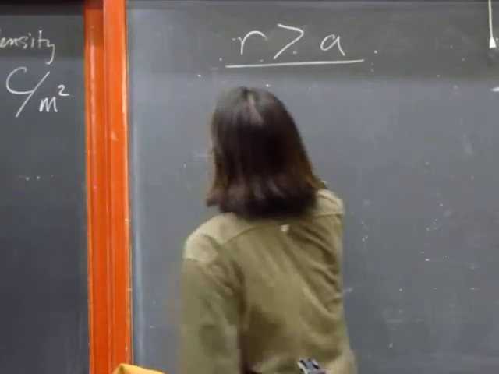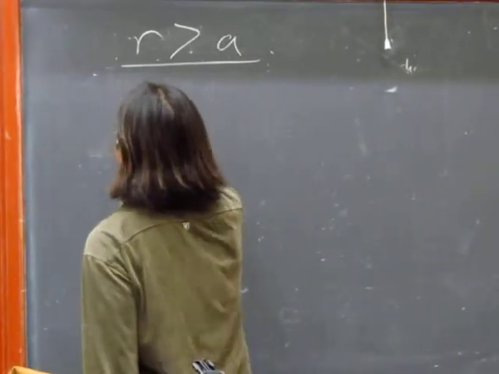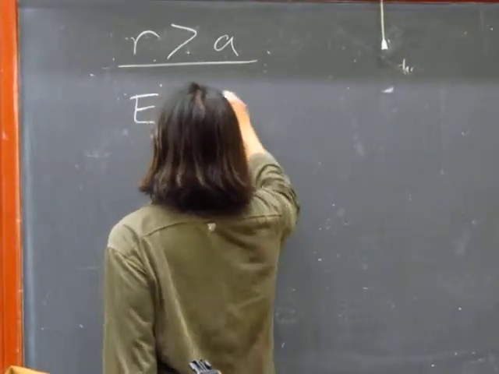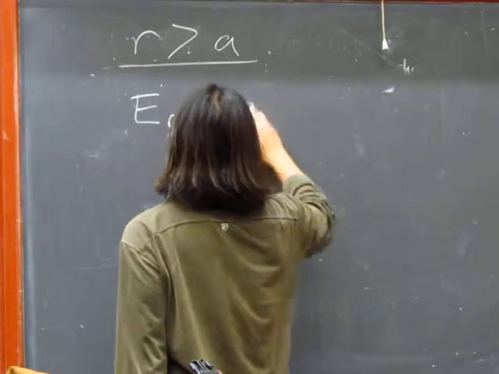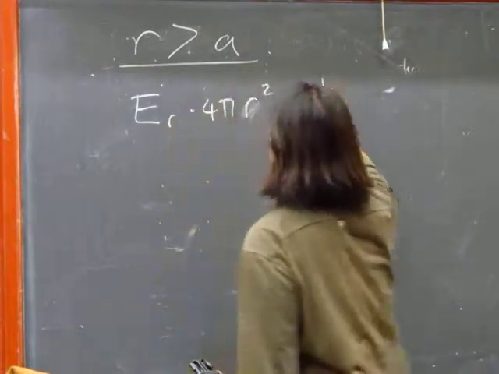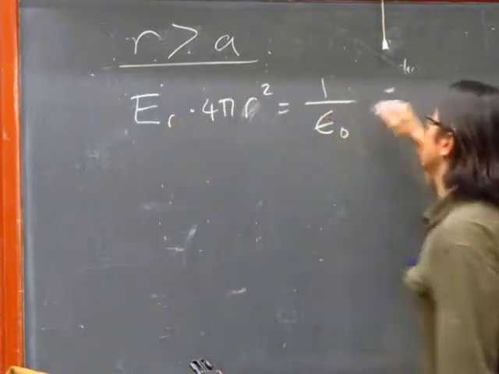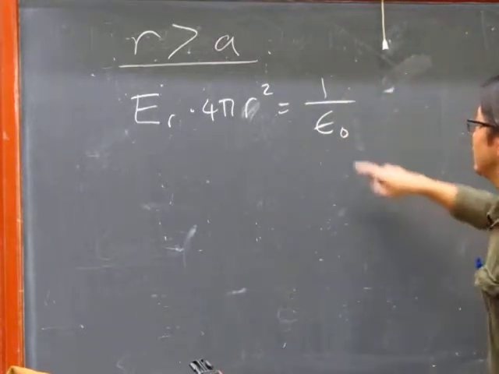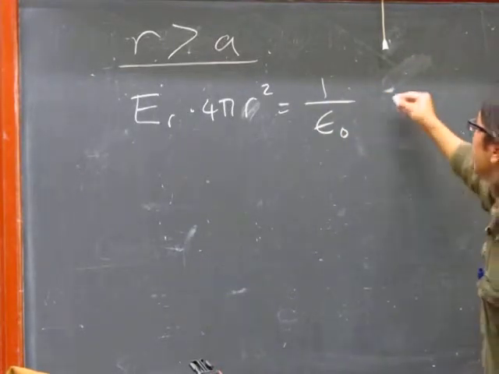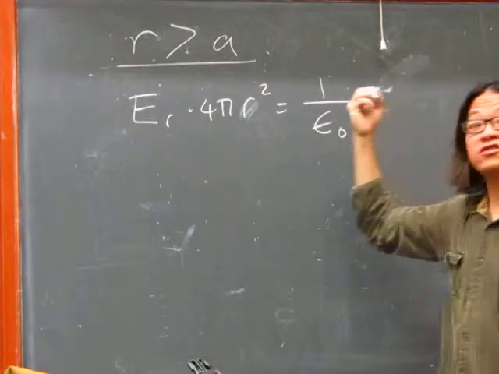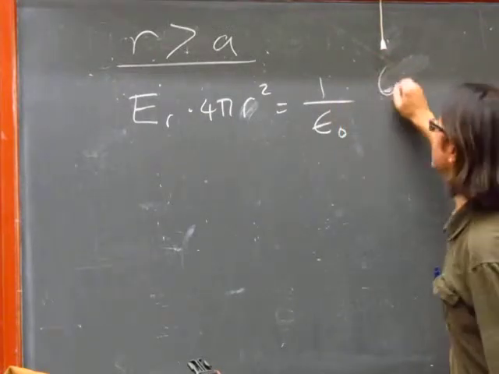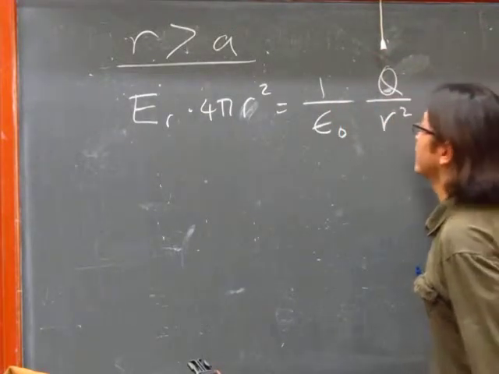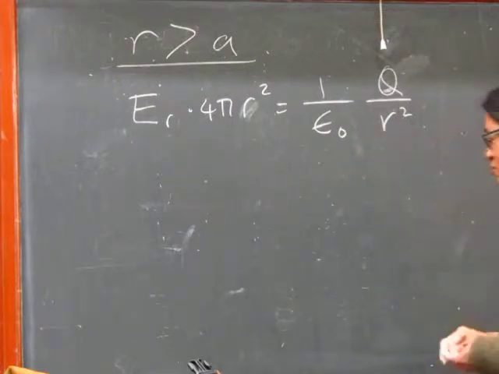For r greater than a, it's very simple, because then the left hand side again is Er times 4 pi r squared. The right hand side is 1 over epsilon naught times the total charge inside. Why is that an r squared?